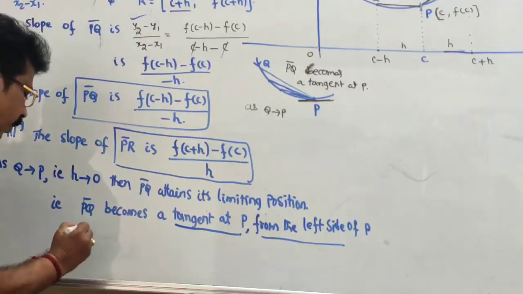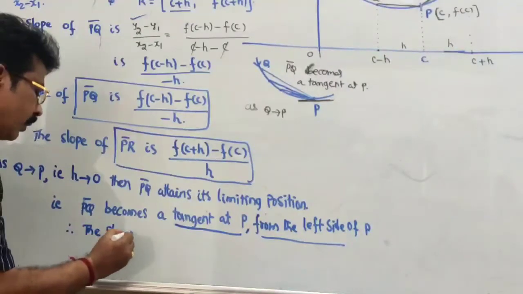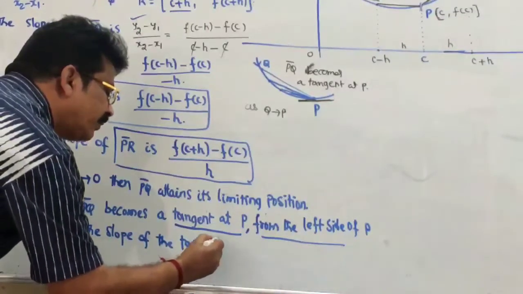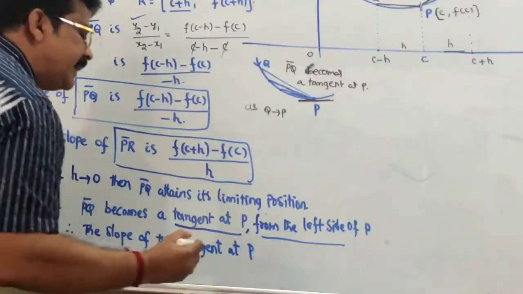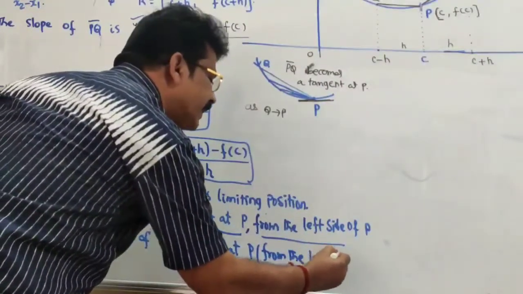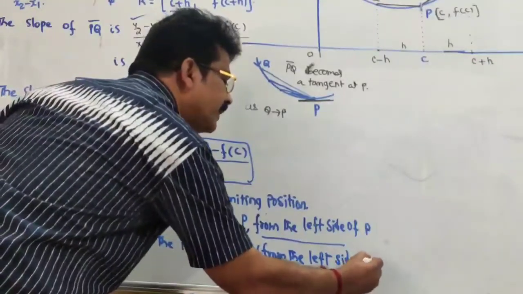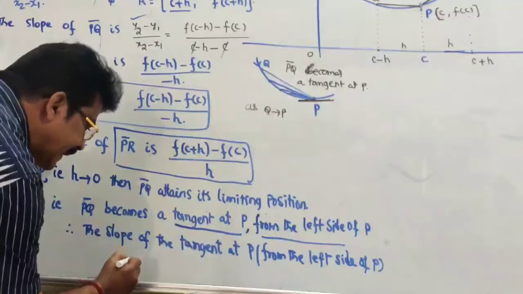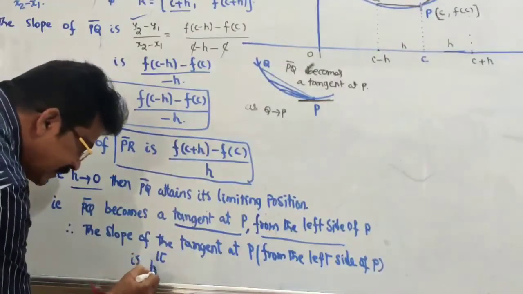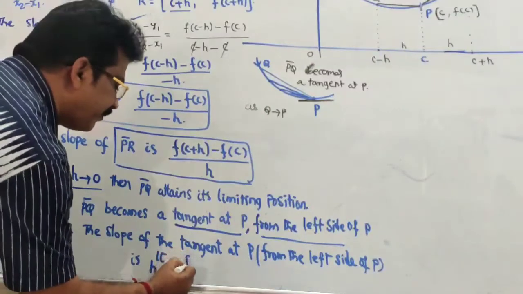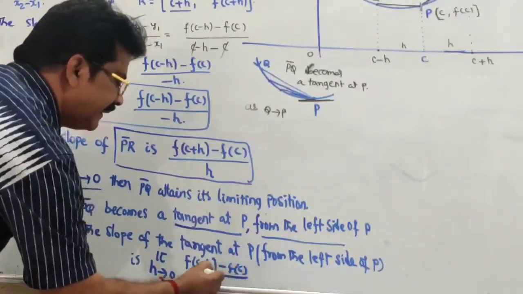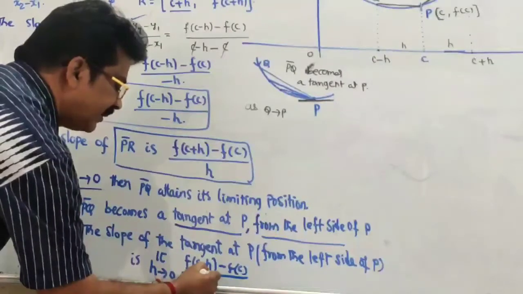Now, therefore, the slope of the tangent at capital P, within brackets from the left side of P, is the limit as h approaches 0 of f of c minus h minus f of c divided by minus h.